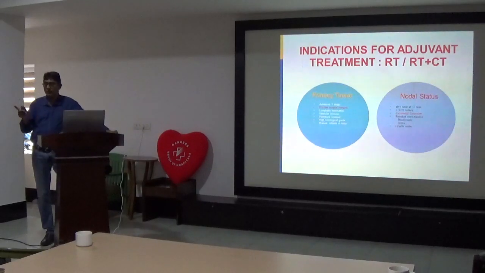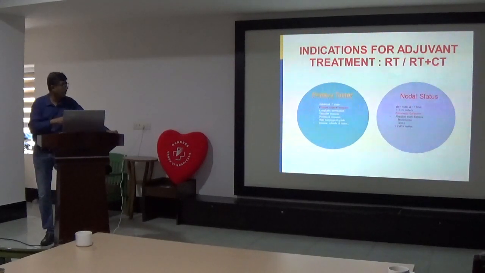But again, when you have the final histopath report, you have to treat the neck with radiotherapy also, and sometimes with radiotherapy and chemotherapy combined also. So when you give radiotherapy to the neck, when there is an N plus node at more than one level, these are the indications of adjuvant treatment, that is radiotherapy for the nodes.